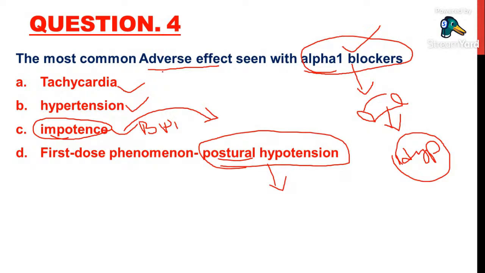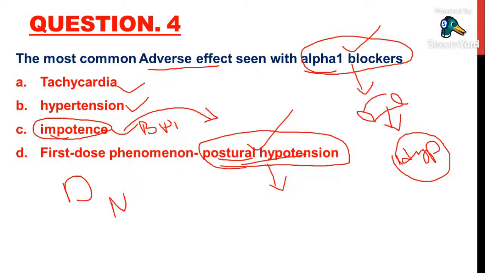So the common adverse effect seen with alpha blockers is postural hypotension. Sometimes the patient may have diarrhea, and due to the blockade of alpha receptors, nasal congestion or stuffy nose can be seen. But the most common and dangerous adverse effect is postural hypotension.